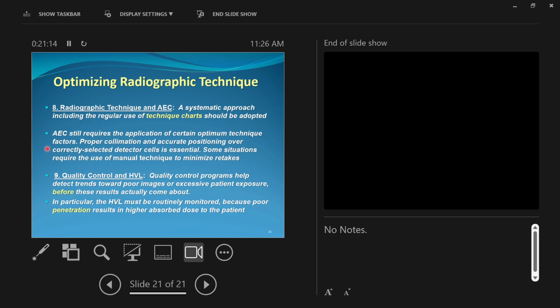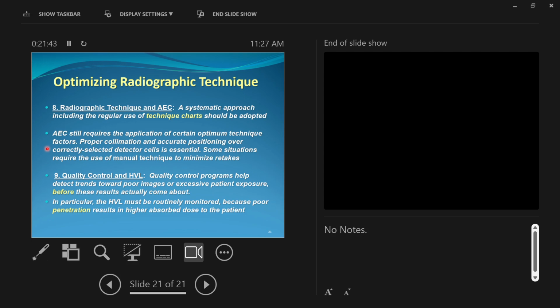Especially, Clarissa, she's super specific on positioning. You have to be much more accurate with your centering, right? Because the AEC relies on something called an ion chamber, a detector chamber, right? And you have to put the body part over the detector chamber so that the X-rays go through the body part, reach the detecting chamber, and the chamber can shut off the exposure when it's supposed to.